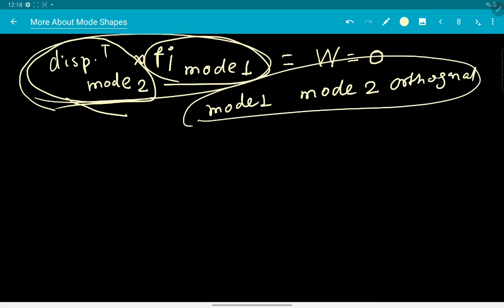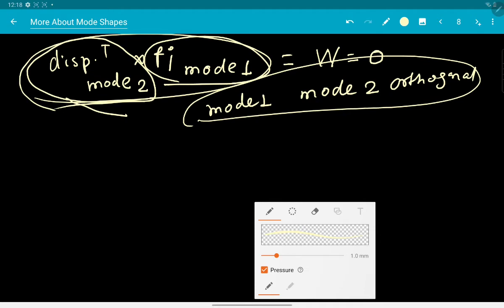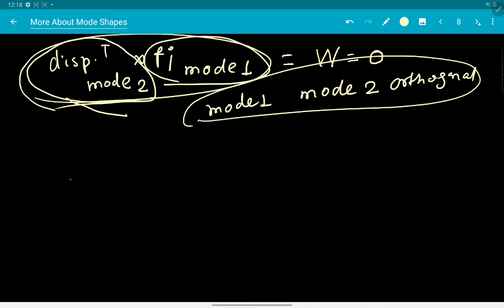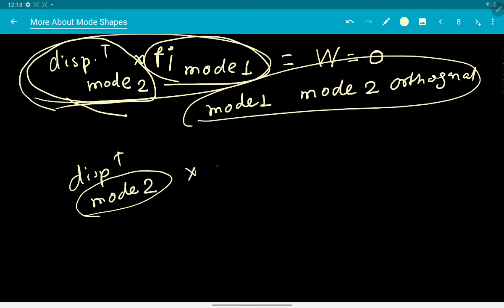This is also true in case of spring force. You will be able to see that displacement transpose, when displacement is considered when the entire system is vibrating in mode number 2, multiplied by spring force when the entire system is vibrating in mode number 1, also comes out to be equal to 0.